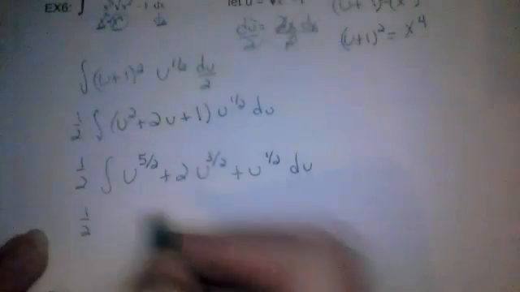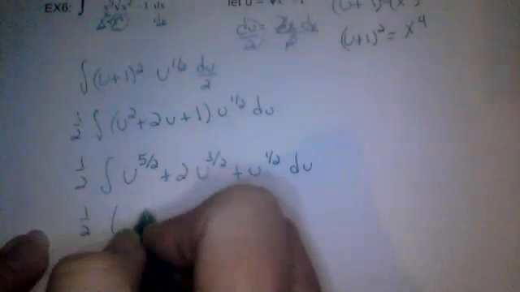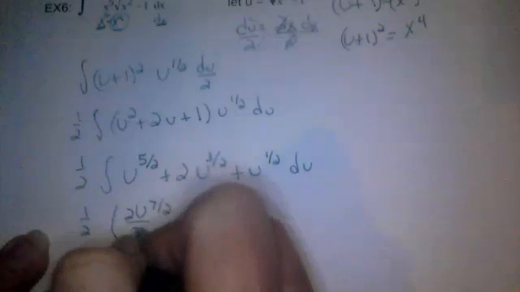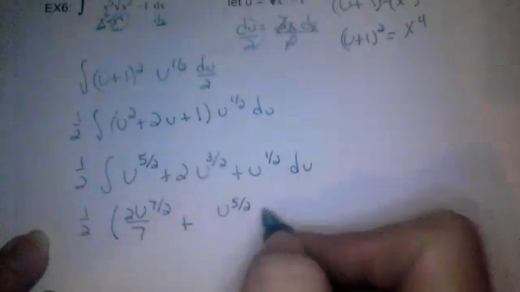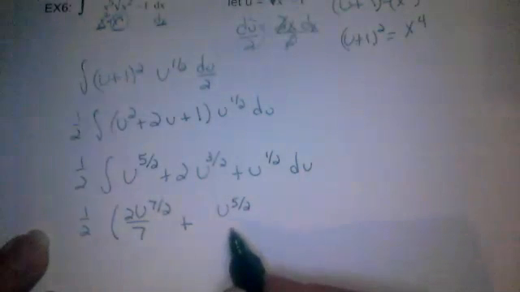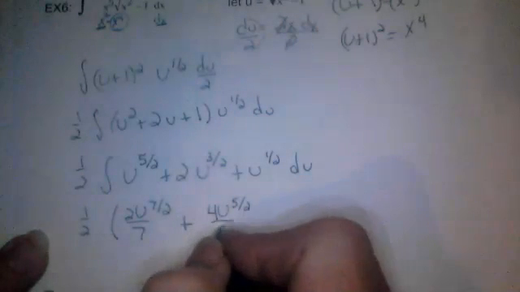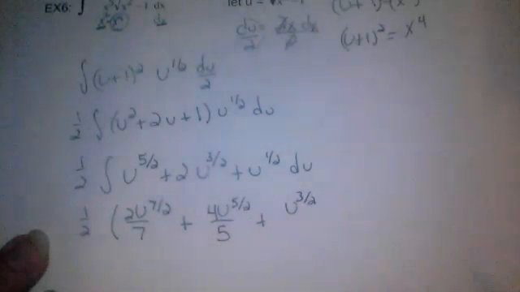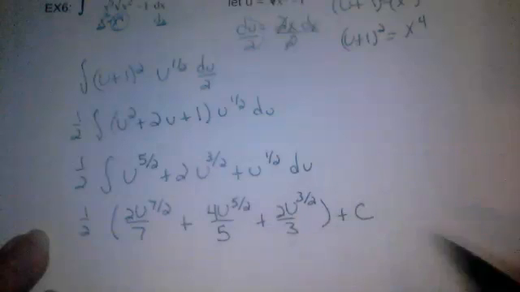Okay, so now we're ready to integrate. So when I integrate, I add. So I'm going to get 1/2 and then u to the 7/2 over 7/2 or times 2/7 plus u to the 5/2 over 5/2 or times 2/5. But 2/5 times 2 would be 4/5 plus u to the 3/2 over 3/2 or times 2/3 plus c.